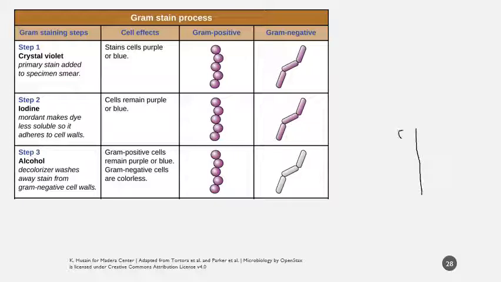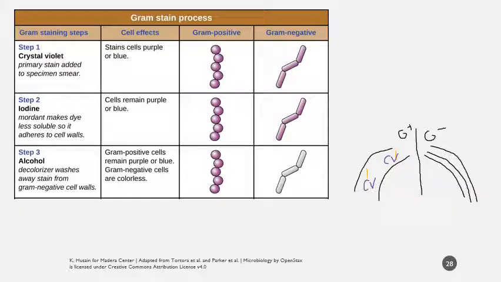So I'm going to draw what we had so far. The peptidoglycan wall with the iodine and the crystal violet. Thin peptidoglycan cell wall with the outer membrane.